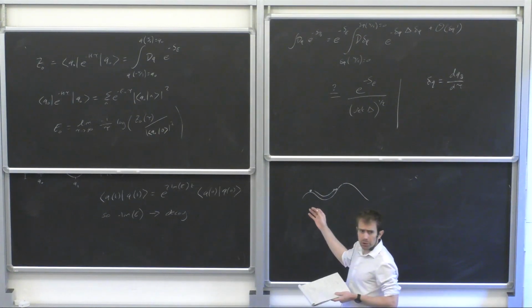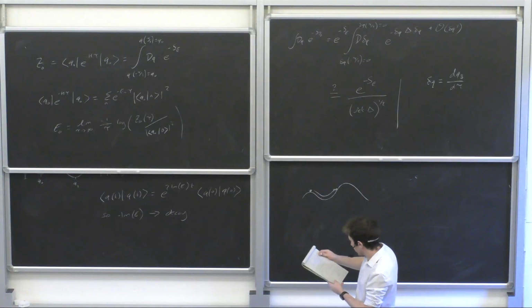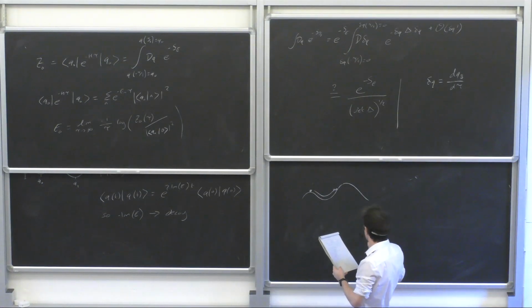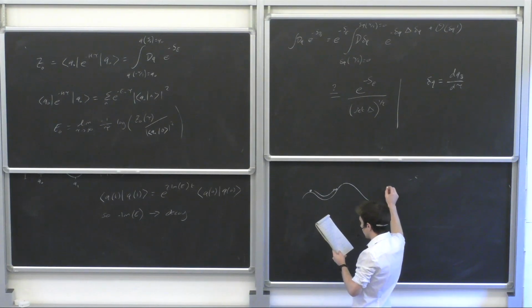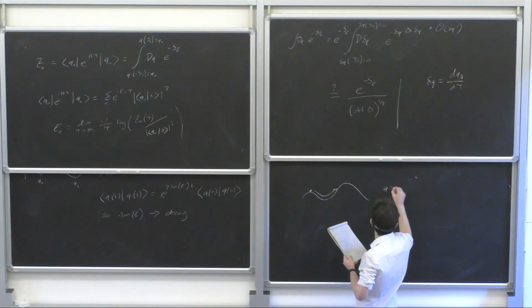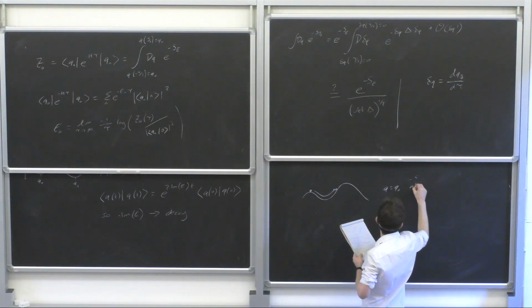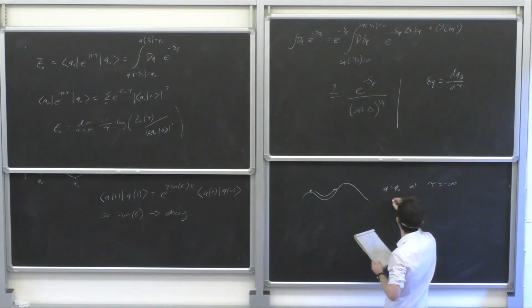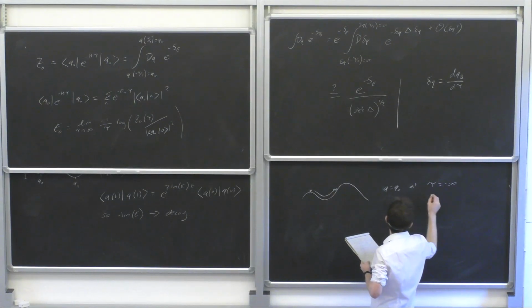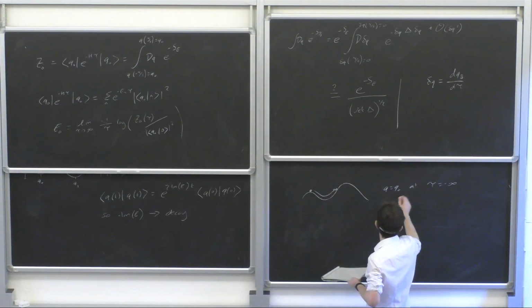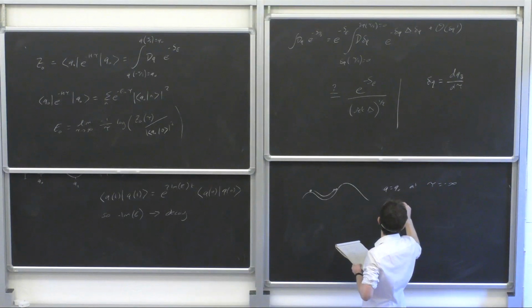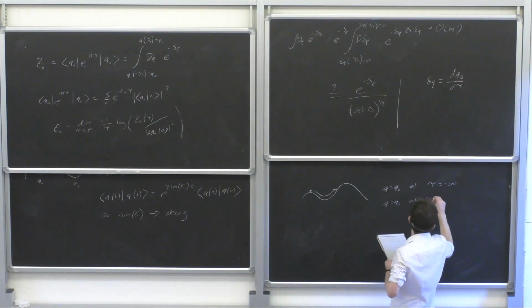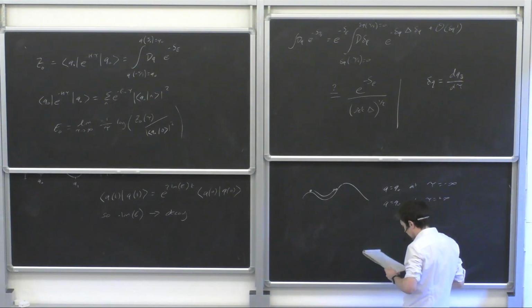And this is what people usually call the bounce trajectory. So in particular, we want Q is equal to Q0 at tau equal to minus infinity, and that it returns to Q is equal to Q0 at tau equal to plus infinity.